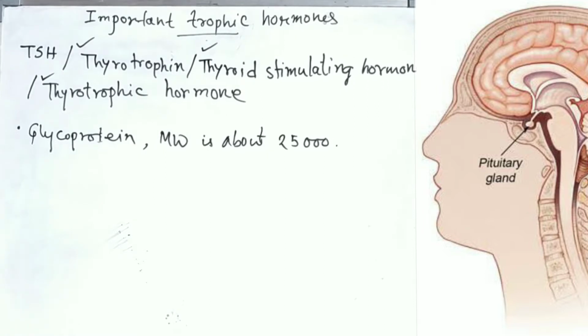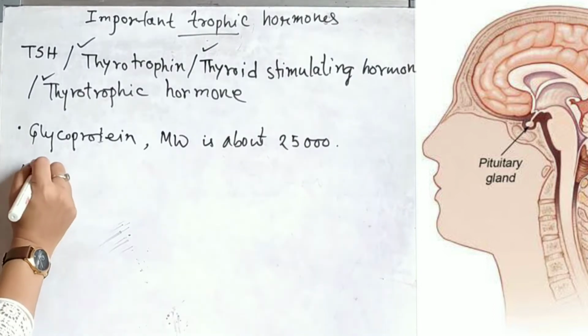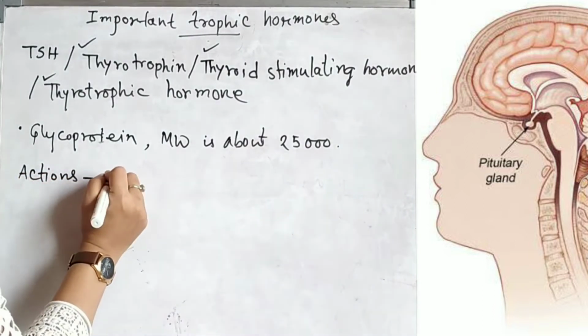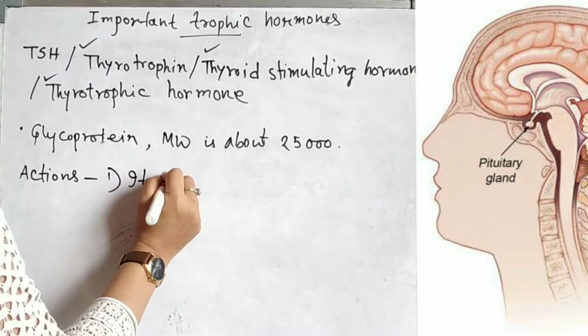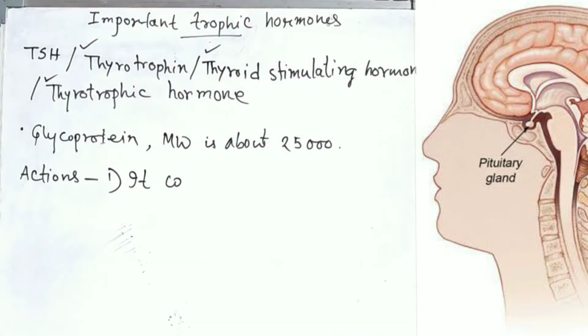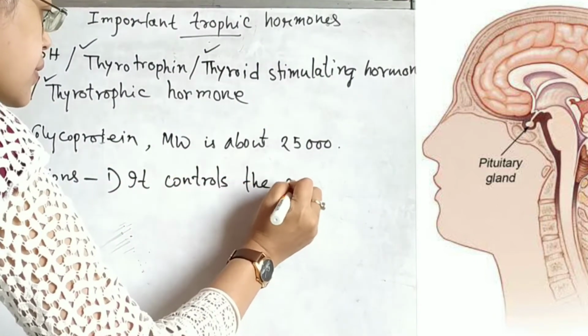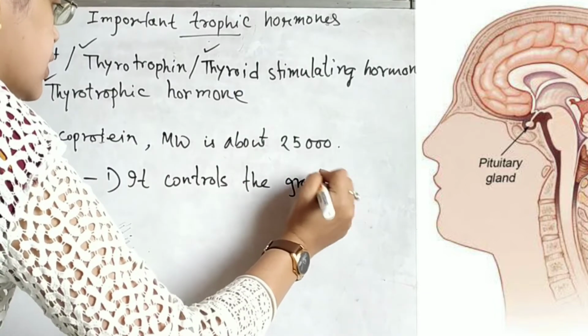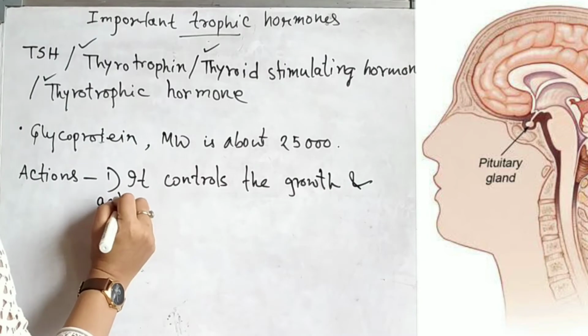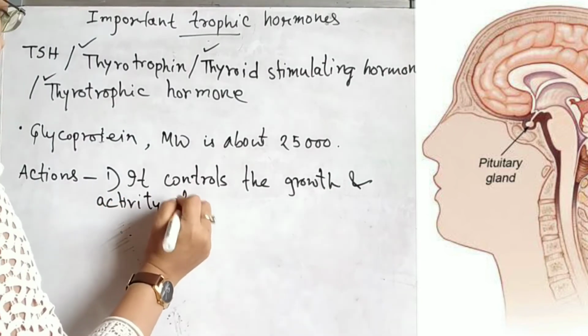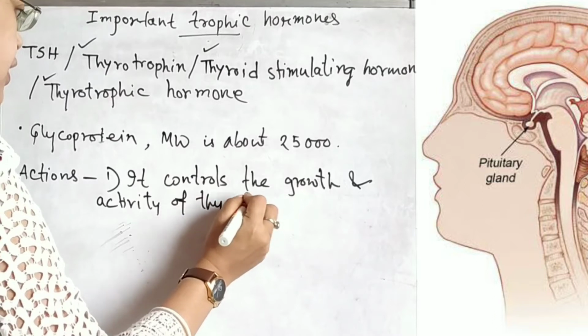Now we see the actions of the TSH. How does it work? As the name reveals, it stimulates the thyroid gland. Number one, it controls the growth and activity of the thyroid gland.